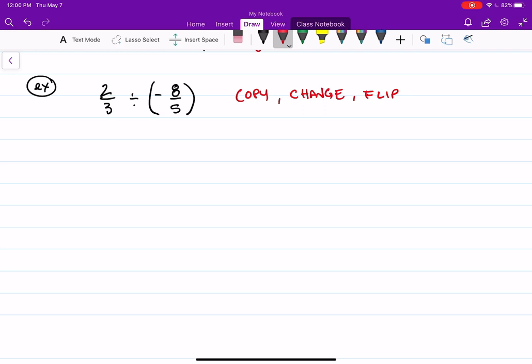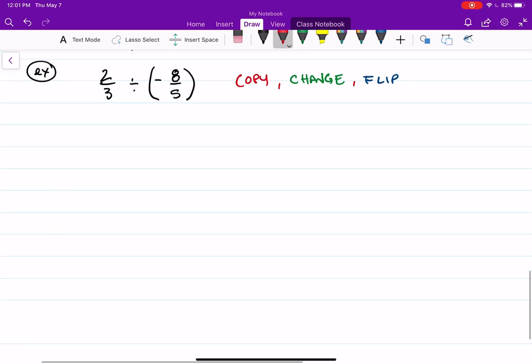Okay, what do I mean by copy, change, flip? There's three things here. So let's even do it this way. We'll put that in green, and then we'll put this in blue, so this way you can see what's in red. So copy is this: copy the first fraction. Change is to change the division to multiplication.